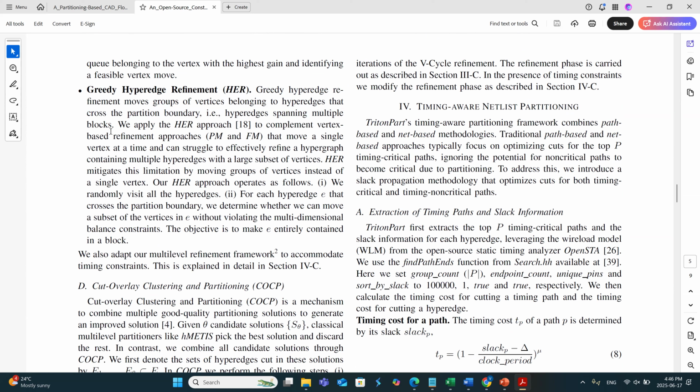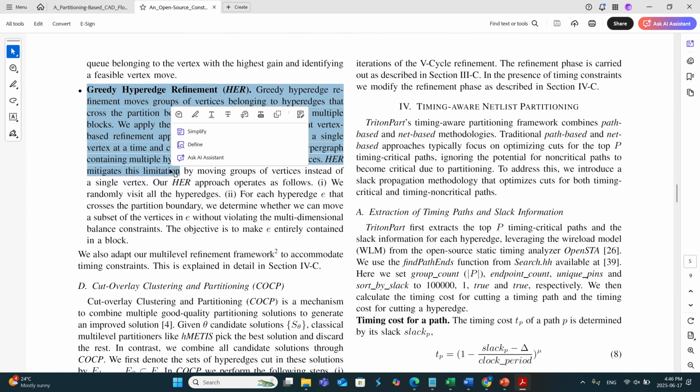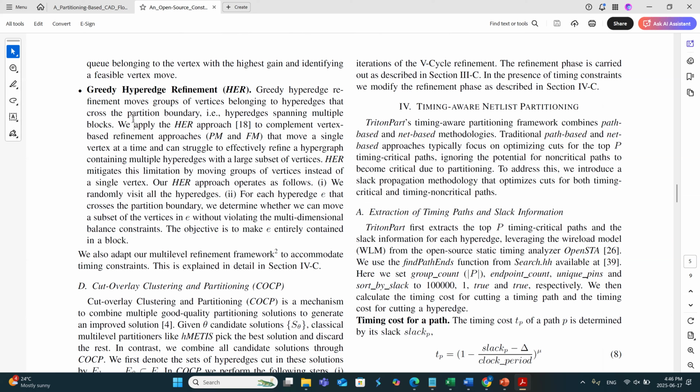It also had the name VPR and also starts with Q in its commercial version. This is a multi-move in placement terms. What they call greedy hyperedge refinement is they find an entire hyperedge, a net that connects maybe 6 blocks, and they say, let's take all of these blocks and put them on one side. Maybe 3 are here and 3 are there. Let's take the 3 in the left partition and put them in the right partition.